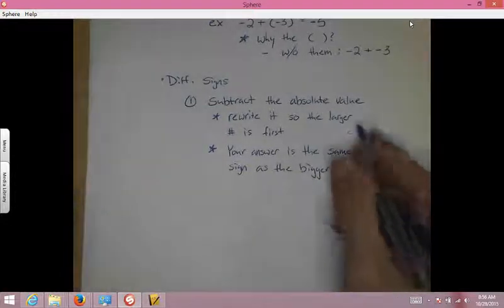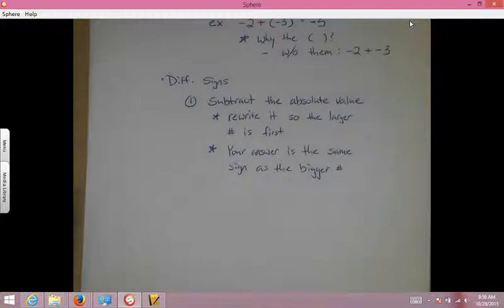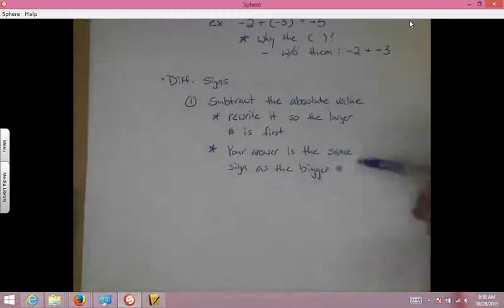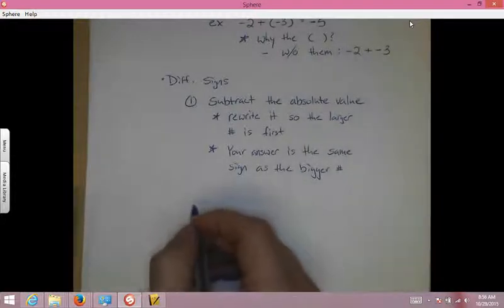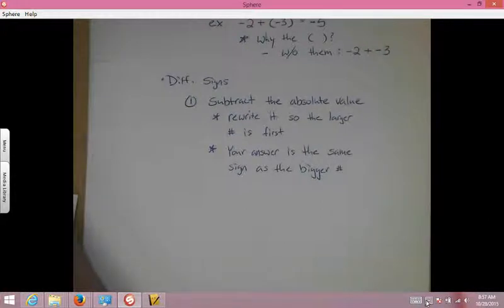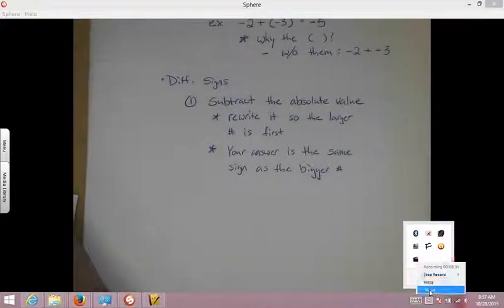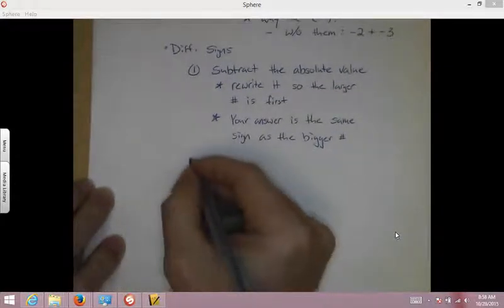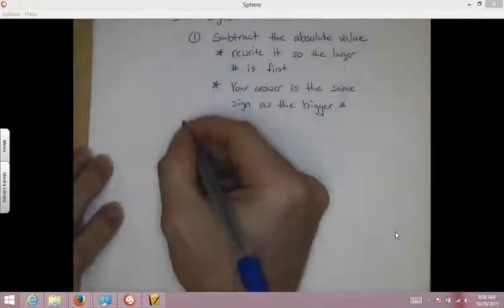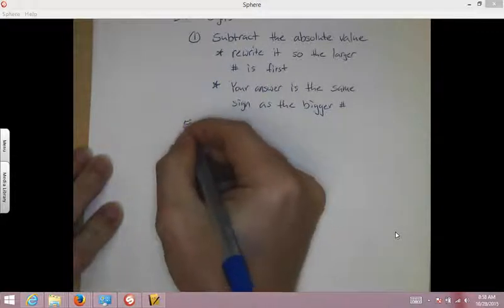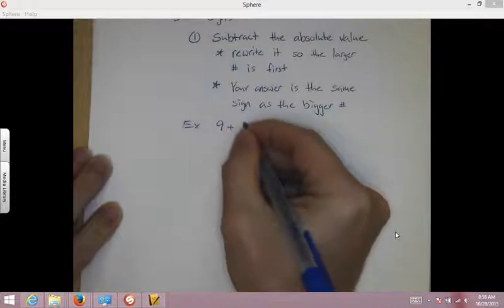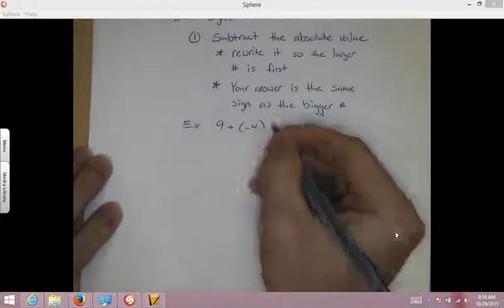Now, I know this sounds a little bit complex. Once you do a couple of these, it's not too bad. And eventually you will get to the point where you don't have to worry about absolute values and you can just do them in your head. Let's take a look at some examples. Let's say we had 9 plus -4.